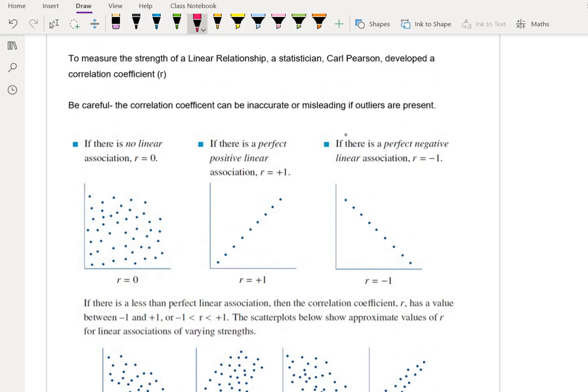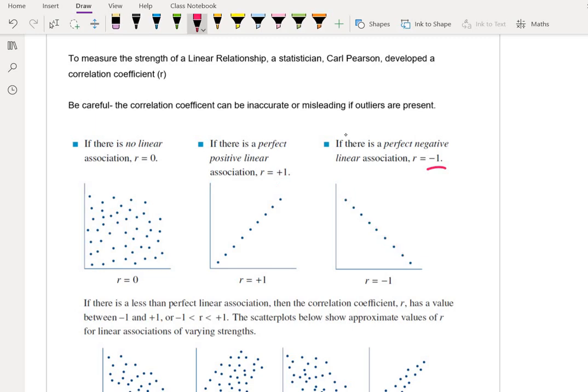So for example, if you have a correlation of 0, it means there's no correlation. If it has 1 exactly, and it only goes up to 1, that means it's perfectly positive, like a positive straight line with no dots out here. And if it's -1, and it does not go lower than -1, it's a straight negative line.